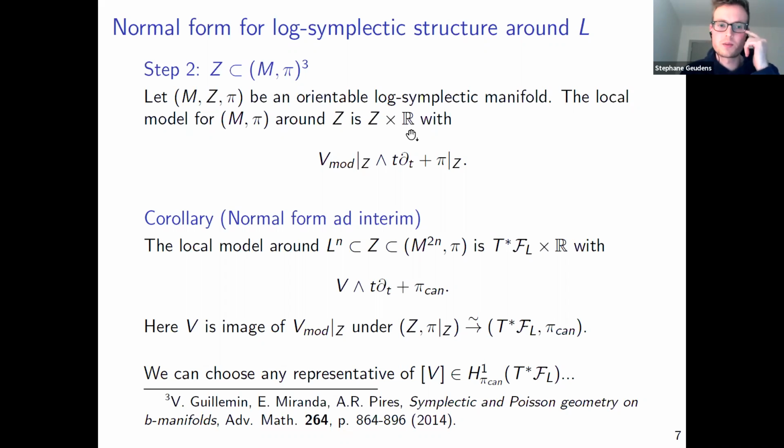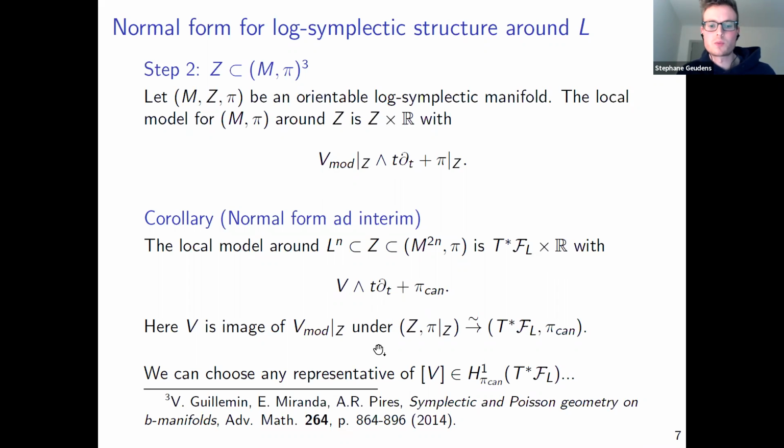So now if we combine the two steps, say we start from here on Z times R, we have this local model, and we know from step 1 that we can replace Z by T*F_L by using a Poisson diffeomorphism, which takes pi on Z to the canonical one on T*F_L. We just extend it by the identity on the second factor, so it takes t ∂_t to itself.